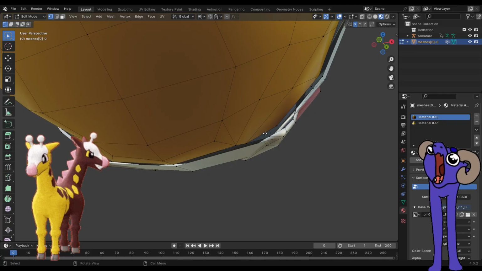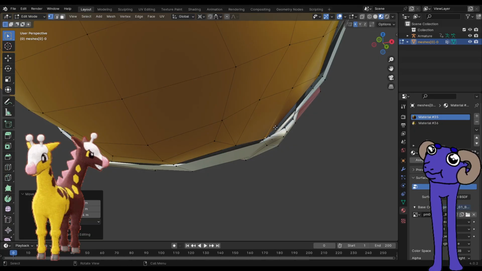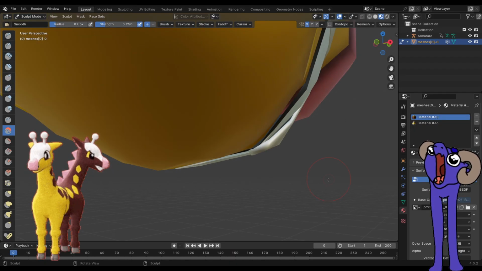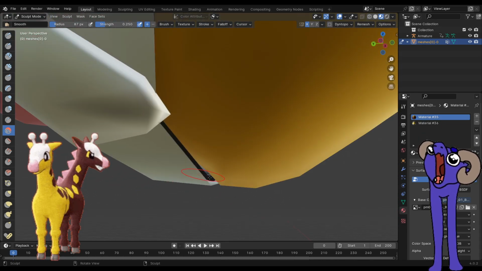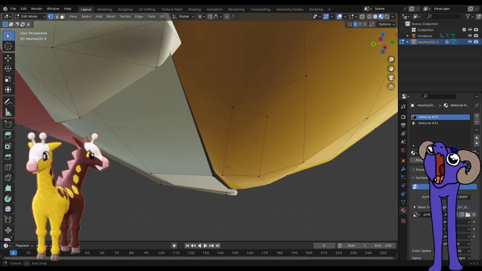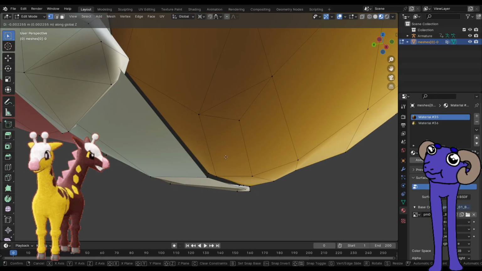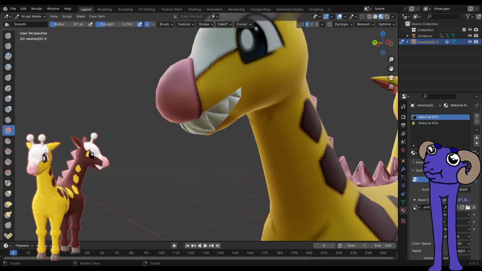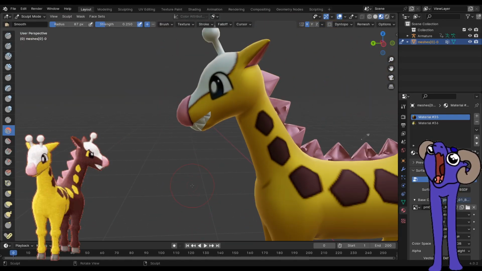You know what? I think that's passable. I think that is actually a-okay. Most people are not going to stare at the model that hard to notice that there are holes there. The mouth doesn't look that bad either. I licked the lemon.